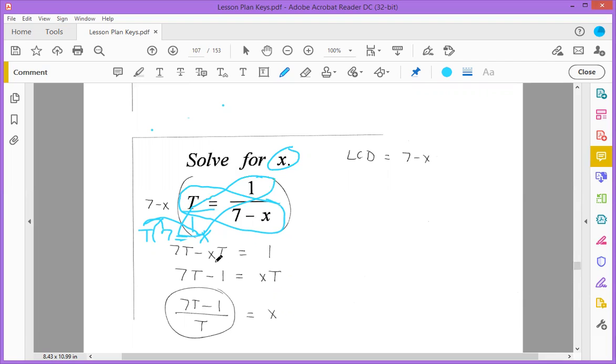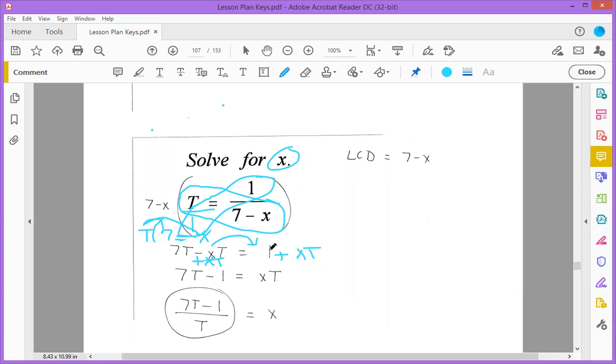Now from there, we're going to look at our situation. Remember, your goal is to solve for x, okay? So we're going to remove this minus xt. We're going to make it positive by moving it to the right side of the equation. So we're going to add xt to both sides of this equation. Now, when we do that, we make that x a positive term.